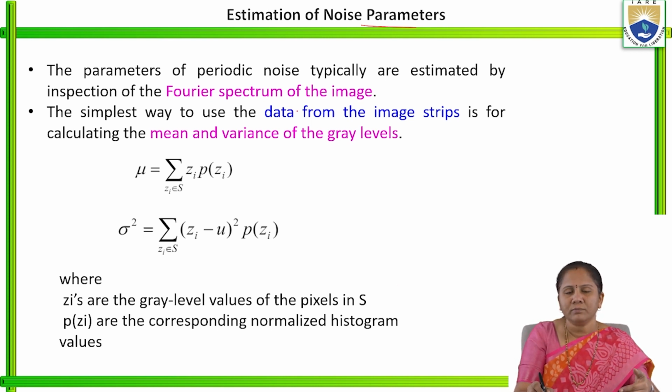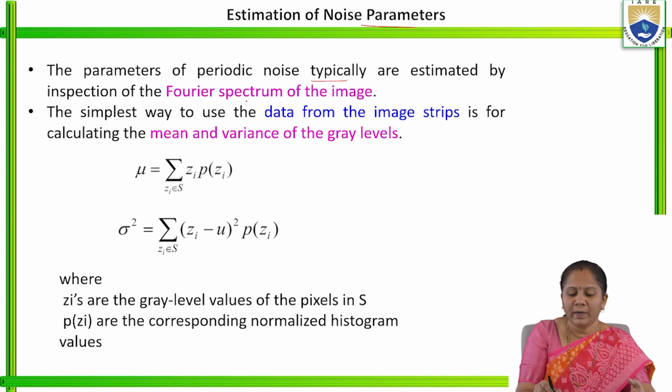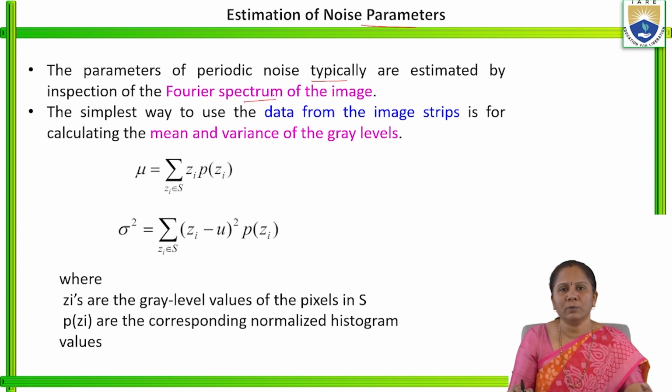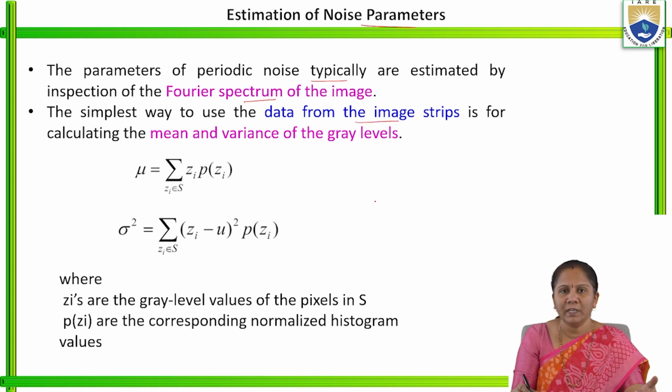That particular noise may be periodic noise, which can be reduced by applying frequency domain filtering. The parameters of periodic noise can be estimated by applying the Fourier spectrum of the image. The simplest way to find this noise is by using the image strips.